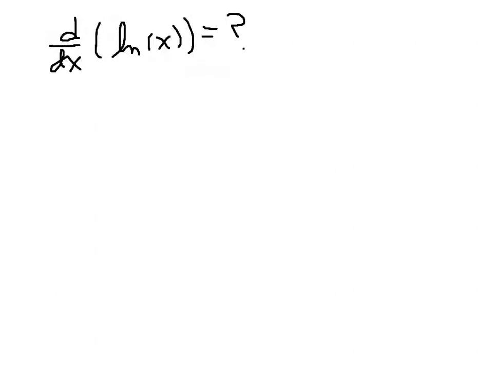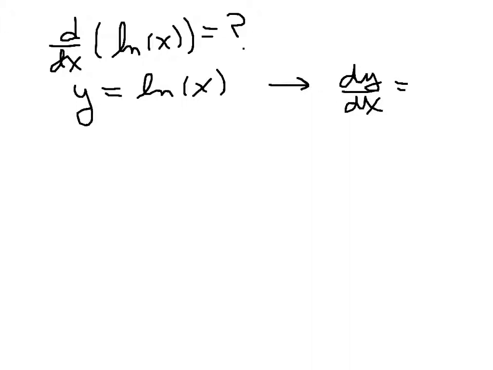So now let's think a little bit about how we find the derivative with respect to x of ln of x. So we begin by saying, okay, let's let y equal ln of x, and really what we want is, what does dy dx equal? Okay, so we work in a similar way that we did when we were working with inverse trig functions.